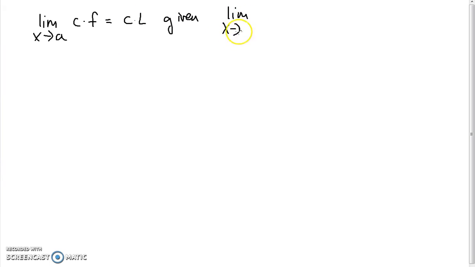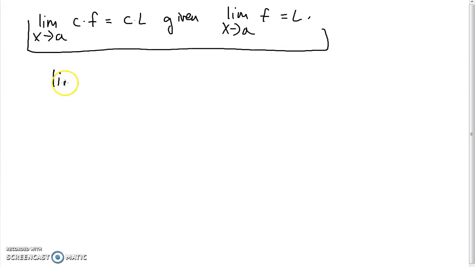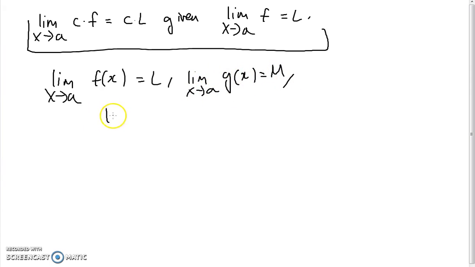Now, it turns out that the second result, namely this one, is pretty similar in its proof. So this you guys can try for yourself. And these ones are a lot more challenging. So proving that given this is true, that the limit of the product of the functions is equal to L times m.